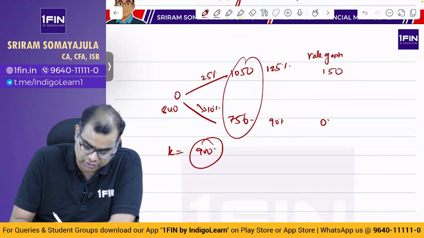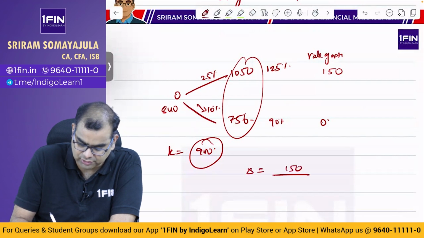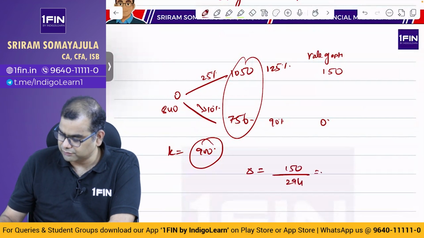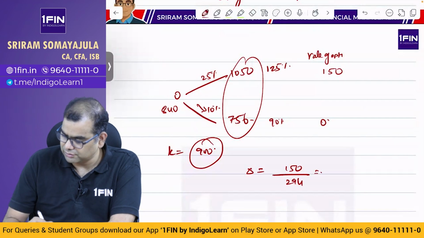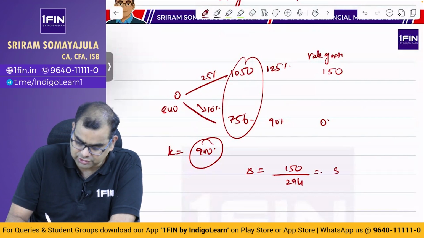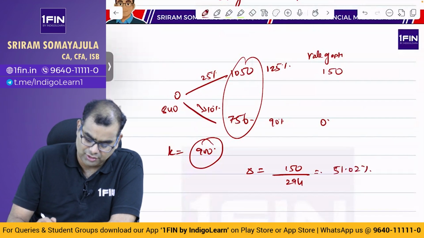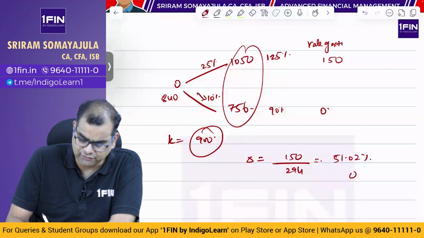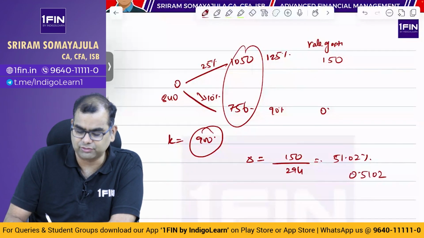So delta is equal to 150 by 294, that is equal to 51.02%, or you can say 0.5102. That's a better way to say this.